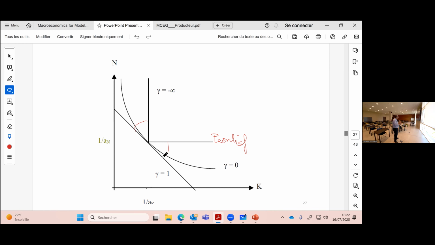If there is a substitution, we have to use CD, or Cobb-Douglas, or a constant elasticity of substitution. If the elasticity of substitution equals 1, we are using a CD. If it's different from 1, we have to use a constant elasticity of substitution. The constant elasticity of substitution is a generalization of the two other situations.